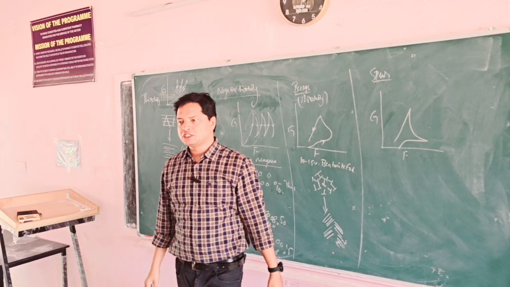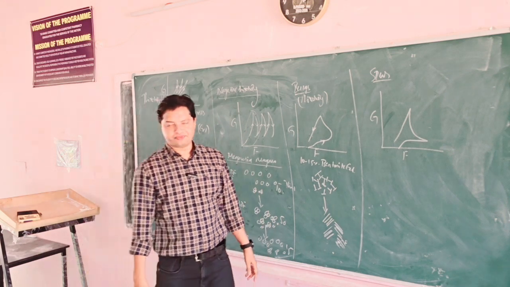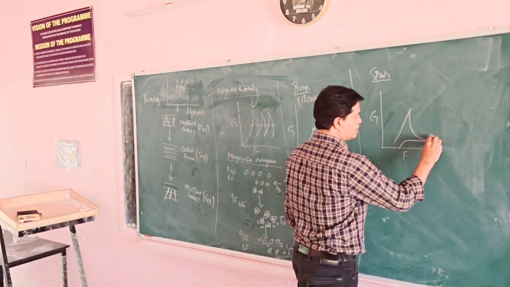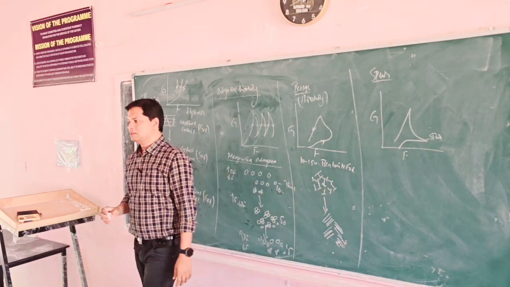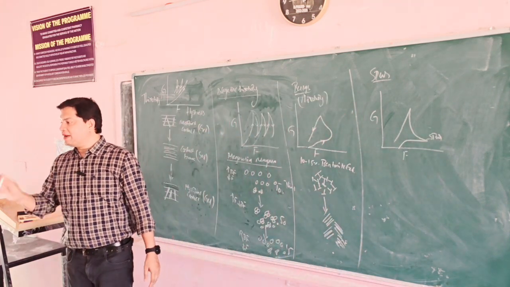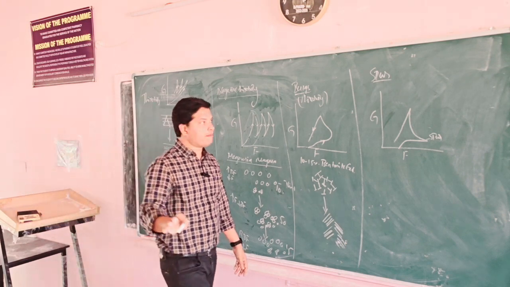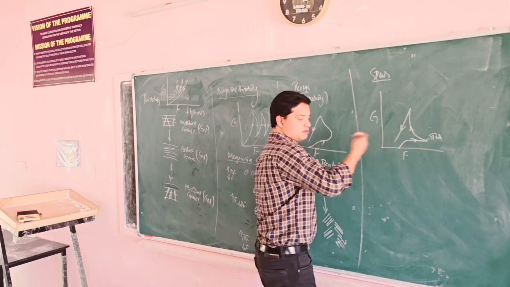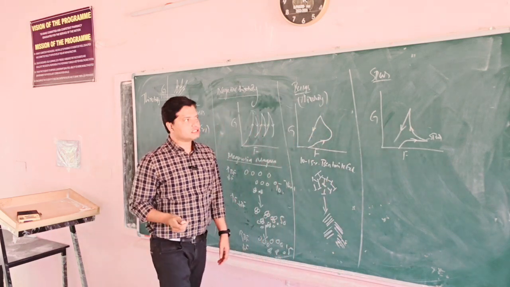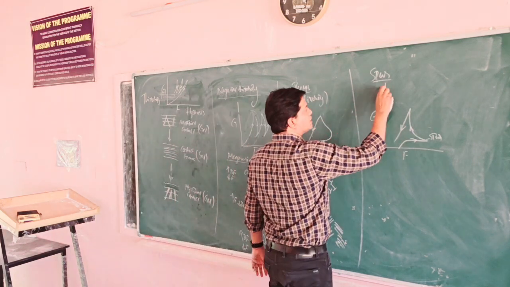This is called spur. Spur is also thixotropy, remember, because we have an up curve and a down curve. Somewhere you write down, this is also thixotropy.